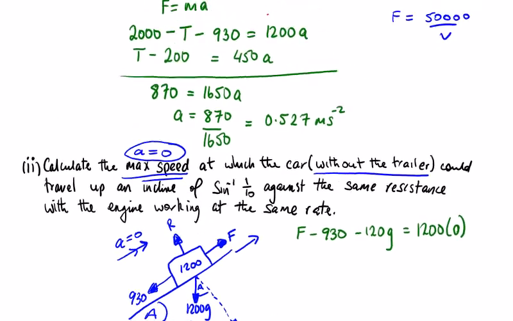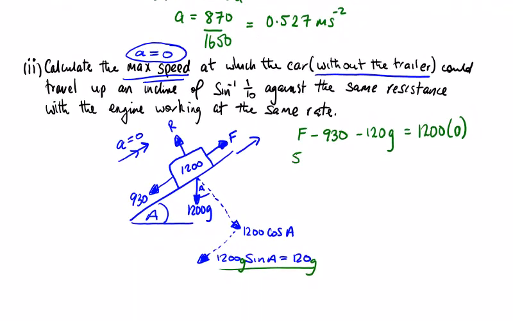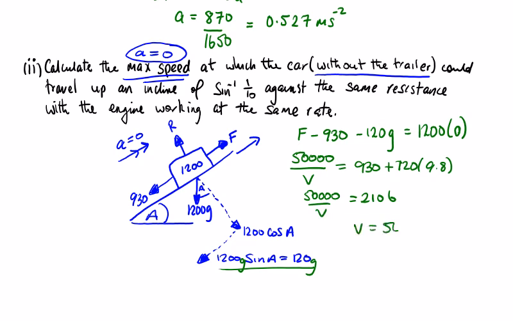So my force, what do we say, 50,000 over V is going to be equal to 930 plus 120 by 9.8. So let's just get the calculator out. That's going to give me 2106 on the right. So my V is equal to 50,000 divided by 2106, my max speed. So my velocity is, correct to 2 decimal places, 23.74 meters per second.